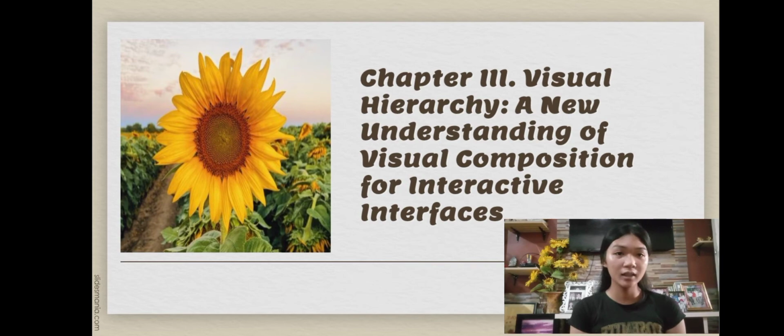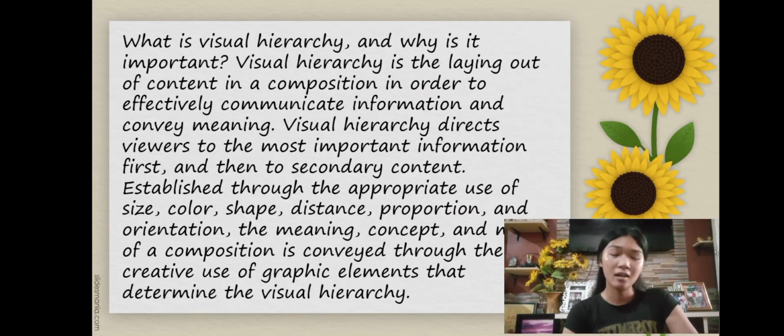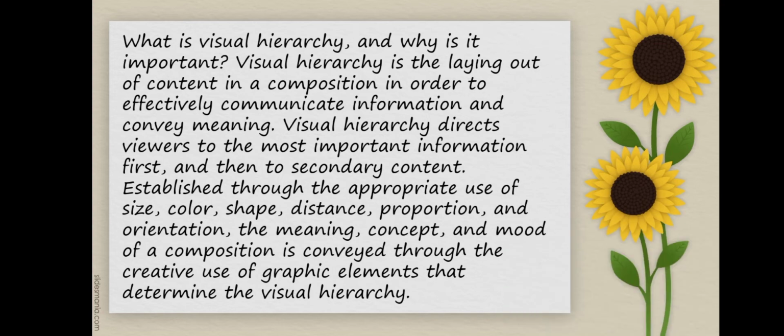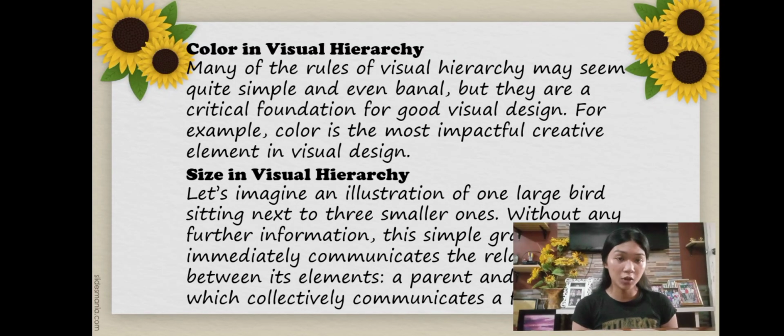So, we have here our chapter 4, that is, what is a visual hierarchy. We have here the different types of visual hierarchy. First is the color in visual hierarchy, and next is the size in visual hierarchy. So first, what is color in the visual hierarchy?